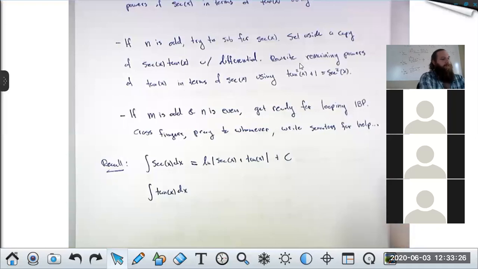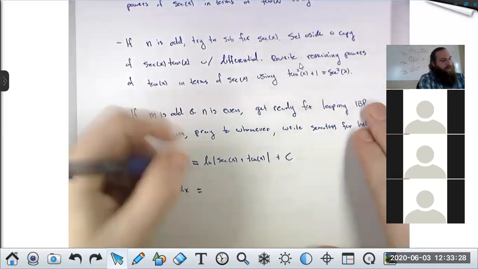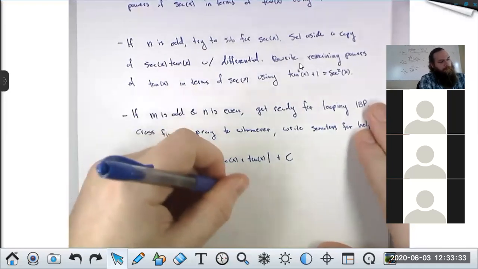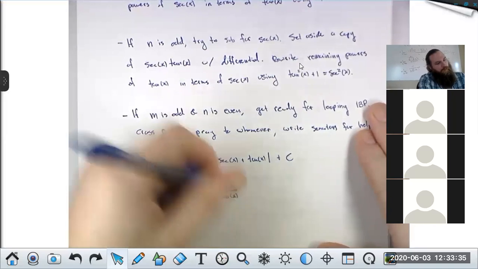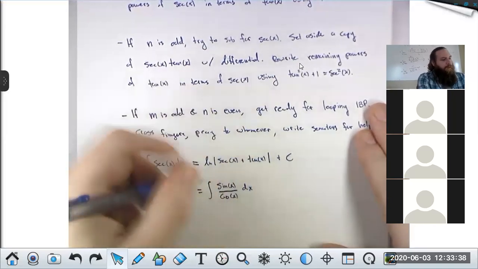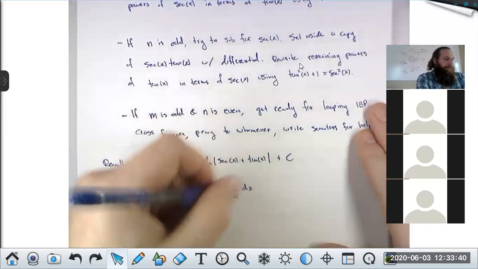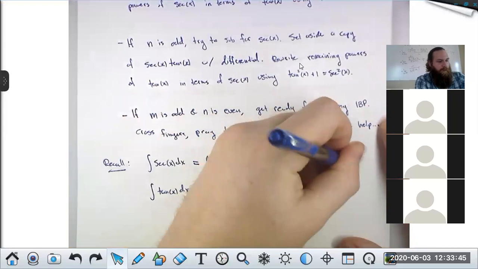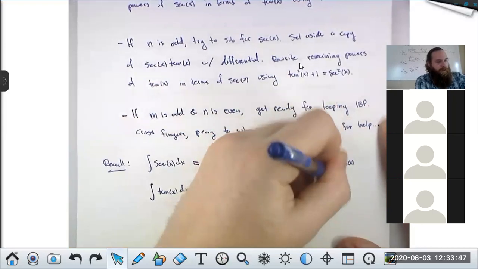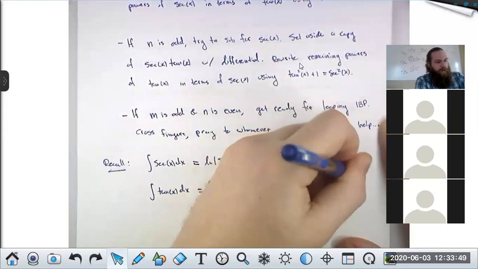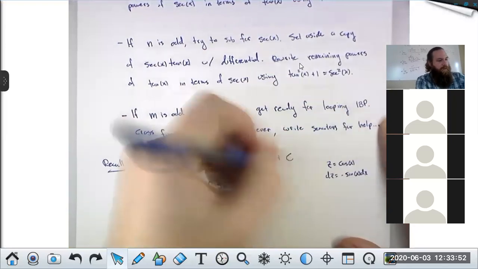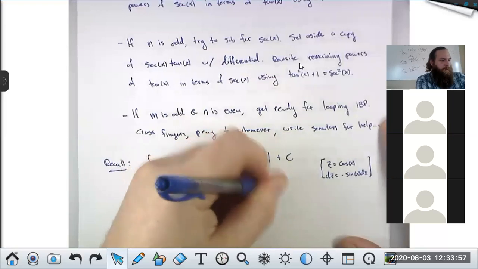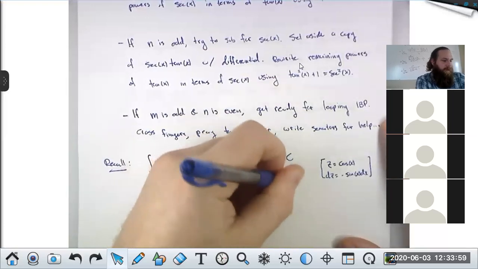It's very fast. We rewrite tangent as sine over cosine. And then you substitute for cosine. You let z be cos x, dz is negative sine x dx. So this becomes negative integral 1 over z dz.